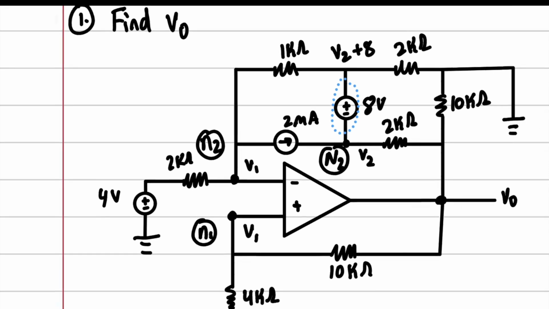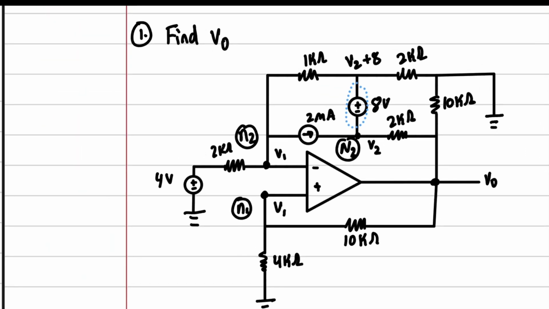We can see that we have a current this way, this way, this way, and this way, so we're going to have 4 terms.